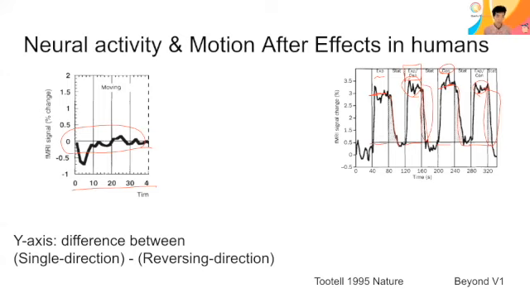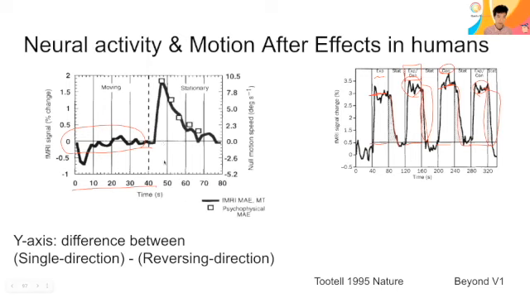What they did was subtract the activity after the expansion-contraction reversing from this single direction situation, and they found this residual motion response, which could be as strong as 2% response here, 1.8% here, and then it decays over time.